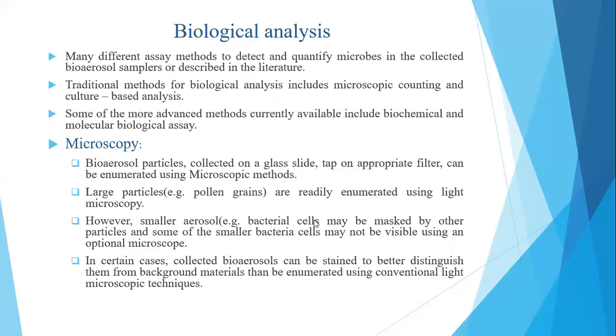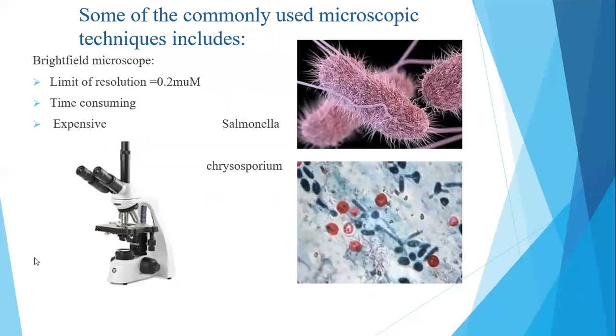However, smaller bioaerosols, for example bacterial cells, may be masked by other particles, and some smaller bacterial cells may not be visible using the optical microscope. In certain cases, the collected bioaerosols can be stained to better distinguish them from background material so they can be enumerated using conventional light microscopic methods.